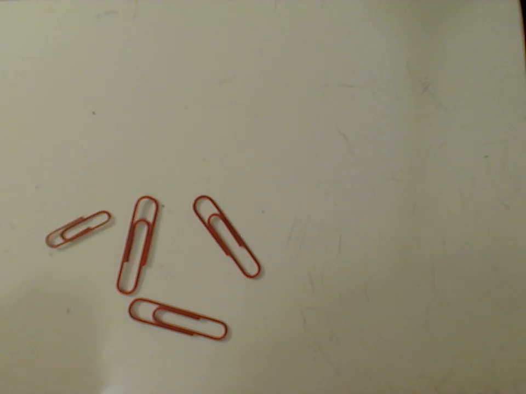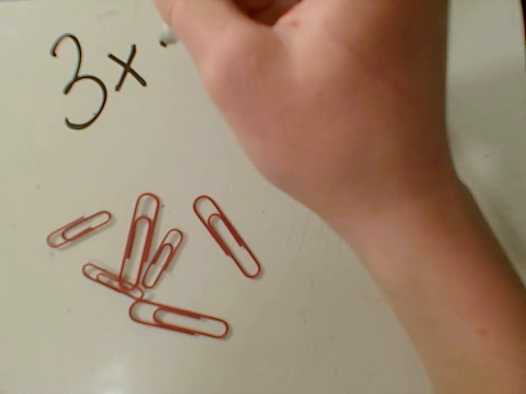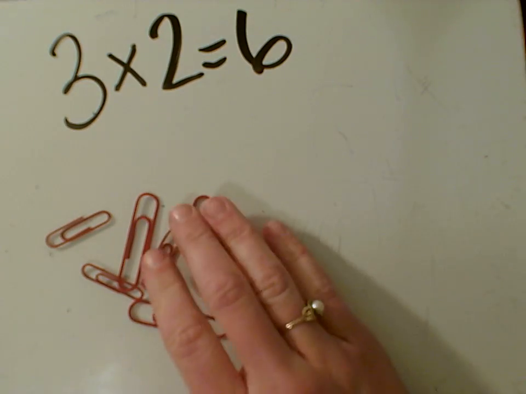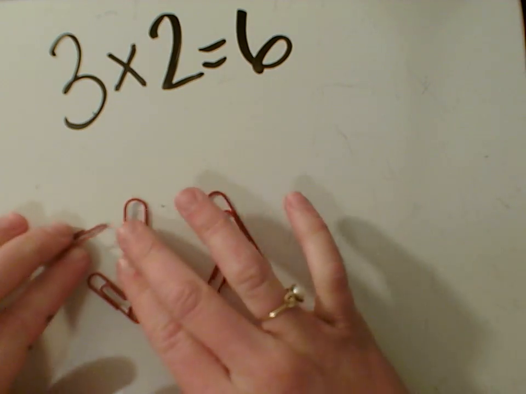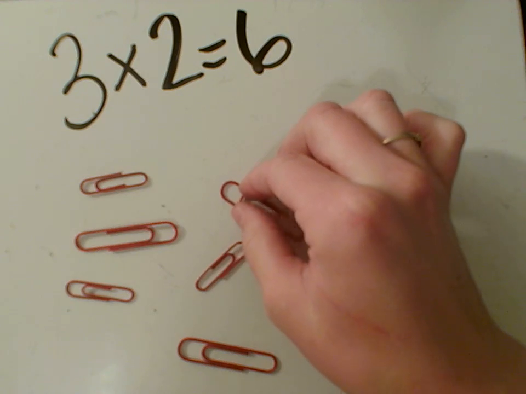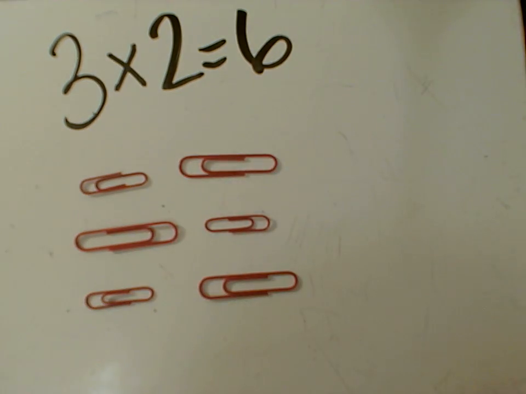Okay, so just how I made those circles and divided those paper clips, I can also think of it like this. Let's get my 6 paper clips back up here. So we said 3 times 2 equals 6. I can make an array out of that. 3 times 2 equals 6.